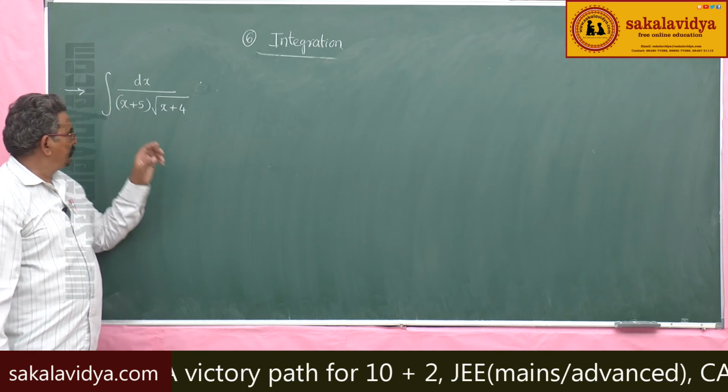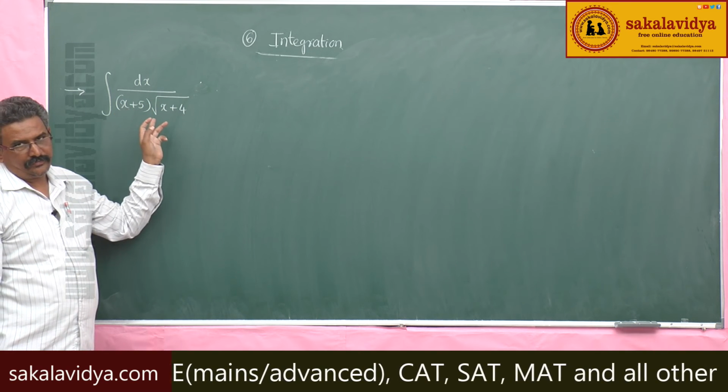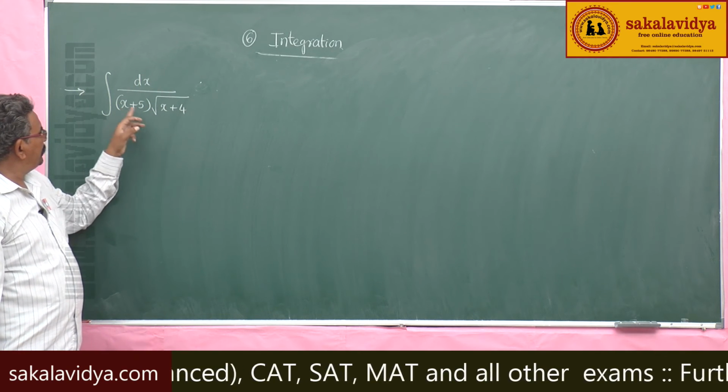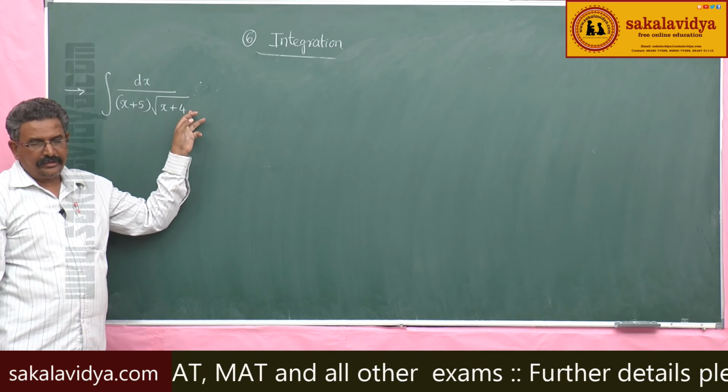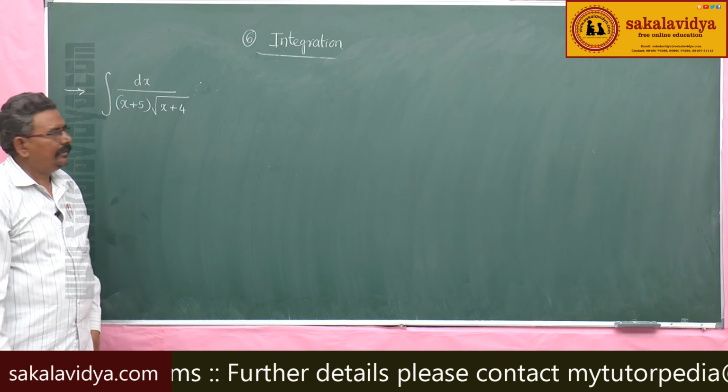So, these two are the linear factors. 1 by ax plus b root of px plus q is there. You say px plus q is equal to t square, then you can find out the integration.